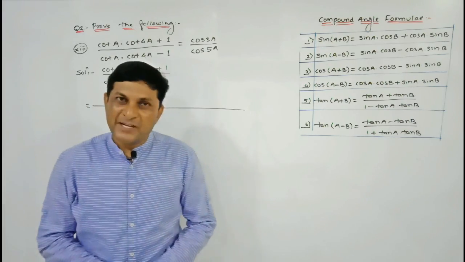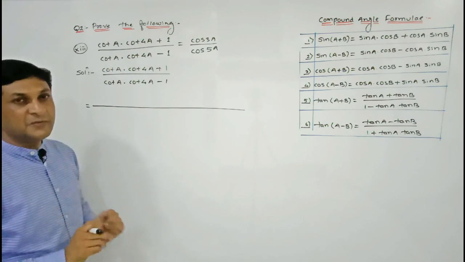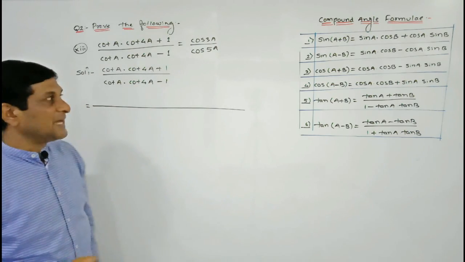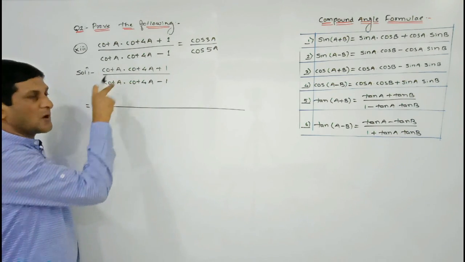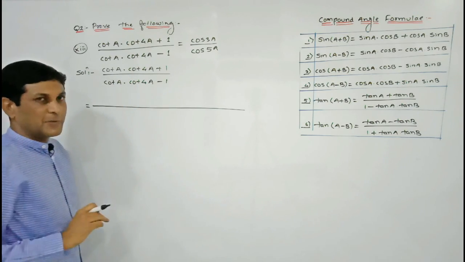Now see example number 13. In this case we have considered this left hand side, and if you observe, the required result is in terms of what? Cos. That's why we are converting this cot in terms of sine and cos, and simplifying it we will try to get our required result.